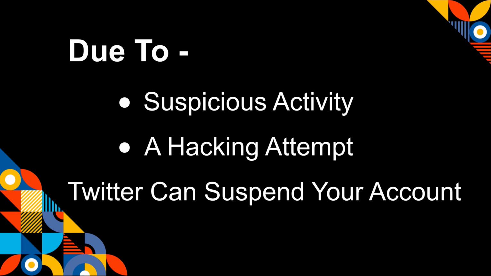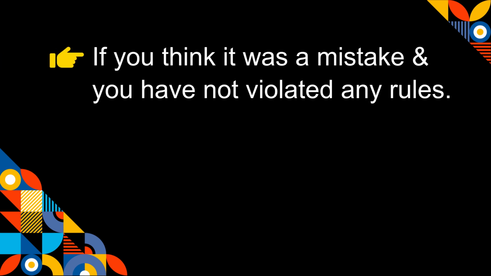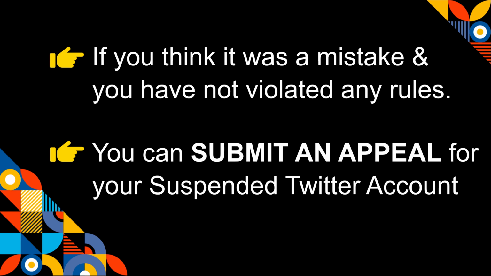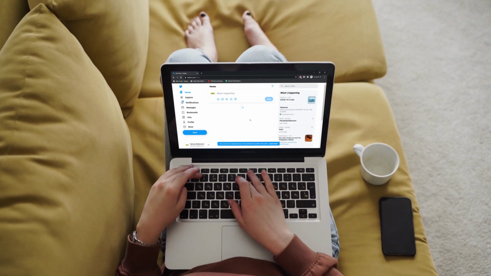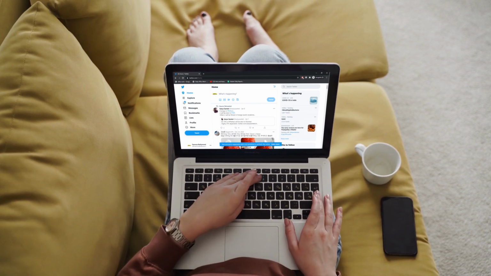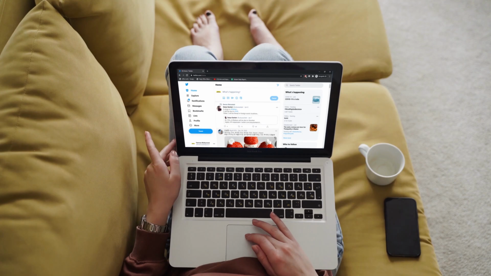Also, if you think they have made a mistake and you have not violated any rules and still got your account suspended, you can submit an appeal to get your account back. In today's video, I will show you how you can submit an appeal to Twitter and whether it helps to get your account back or not.